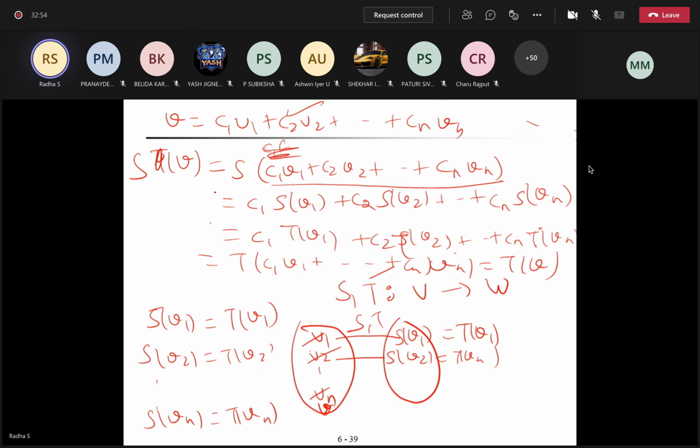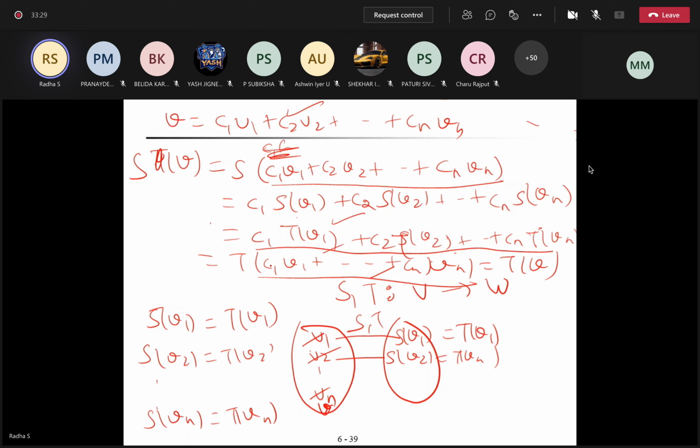So take C1 outside: C1 S of V1 plus C2 S of V2 like that, because V1, V2, etc., Vn are vectors and the Ci are all scalars. You can apply this. So what is S of V1? T of V1. S of V2? T of V2, because it is given. Now replace everything. Now again from this I am taking T outside. So this is very well the same as this one here. From this you can write this one.